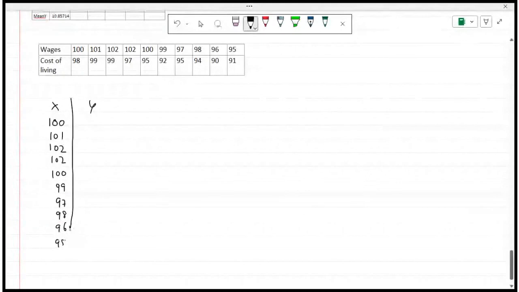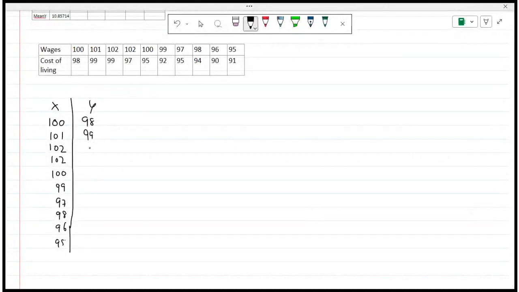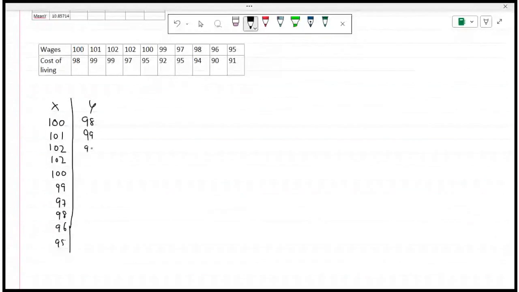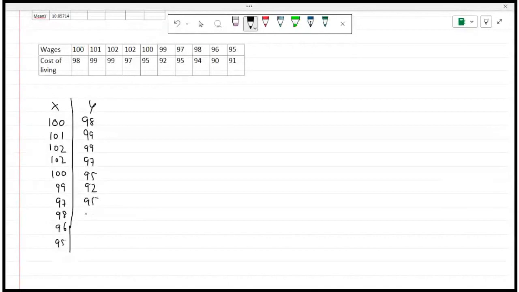Okay, now y values are 98, 99, 99, 97, 95, 92, 95, 94, 90, and 91. Okay.